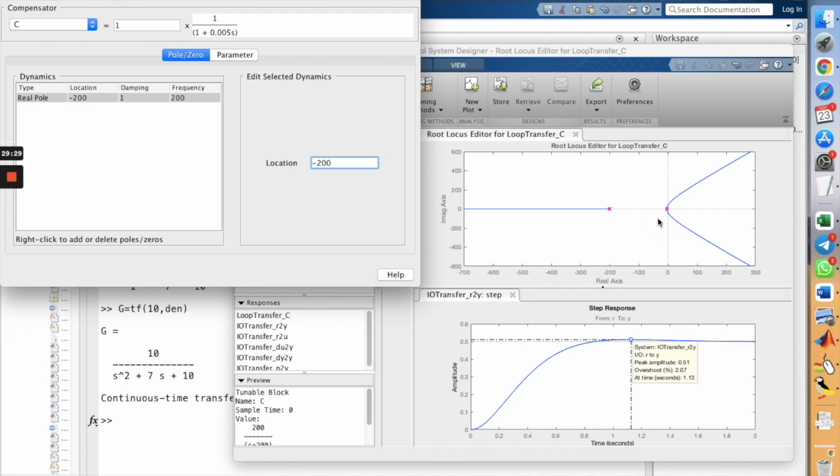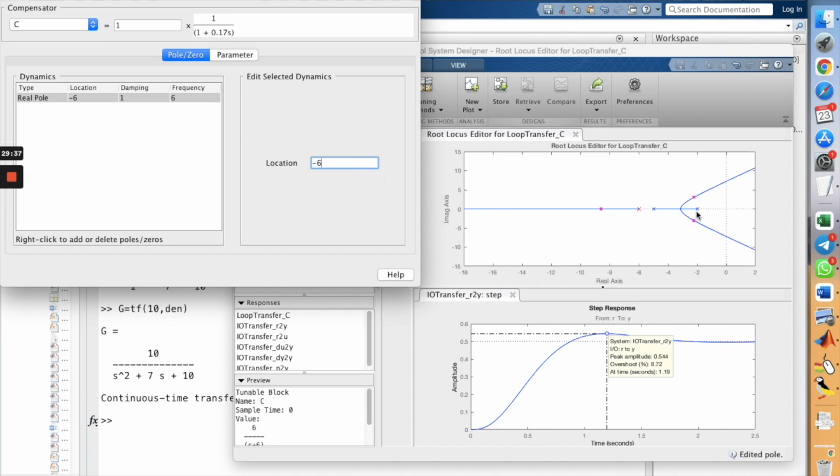Alright, so when we put -6, it is actually close to this -2, which will affect the transient response.